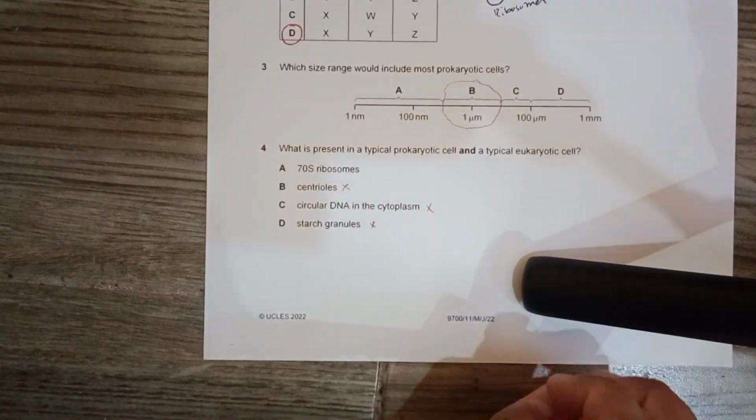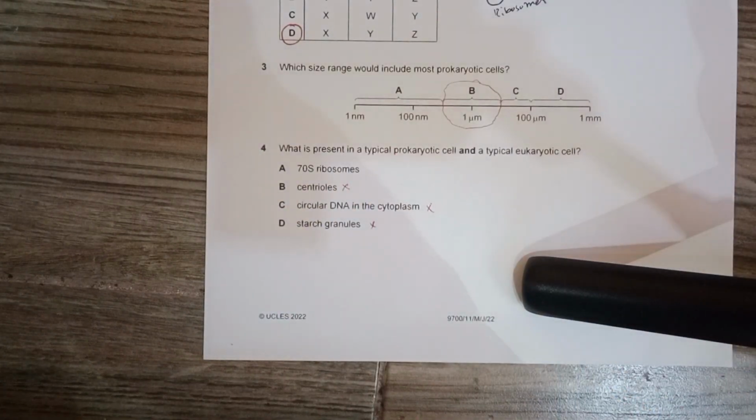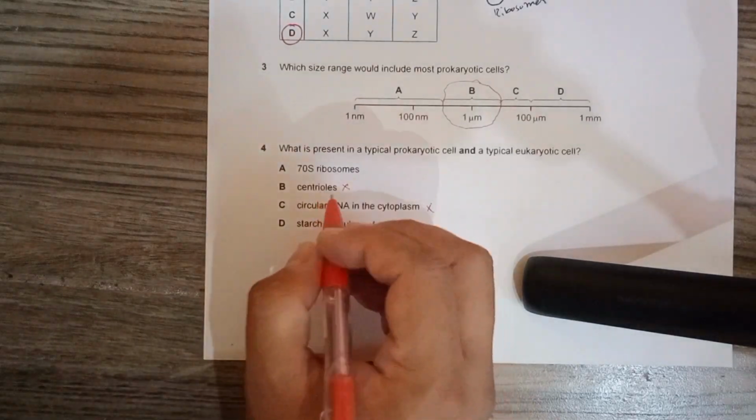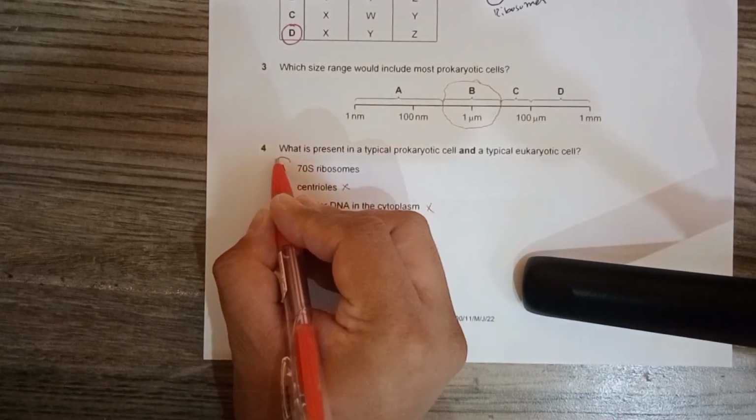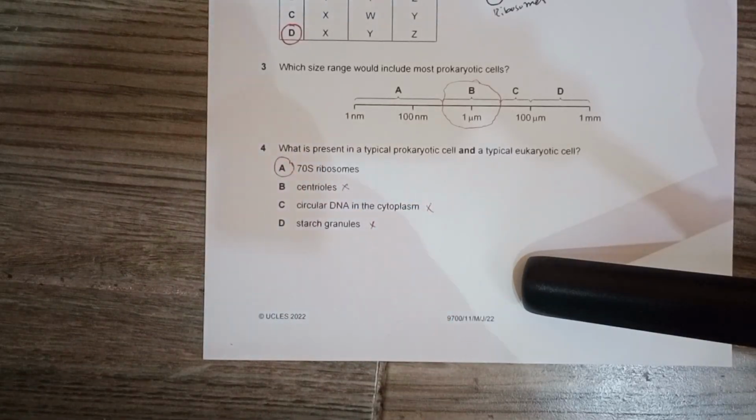Plant cells have starch. Some prokaryotic cells which are photosynthetic in nature may have starch granules, but 70S ribosome is a must. So the answer of question 4 is A, 70S ribosomes.